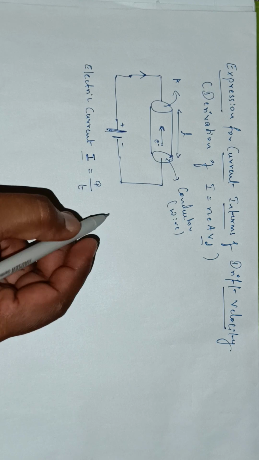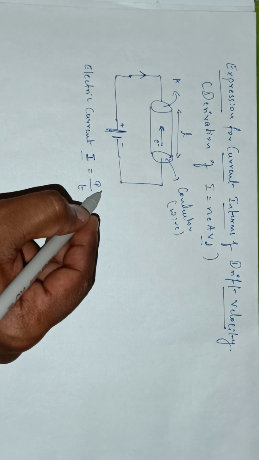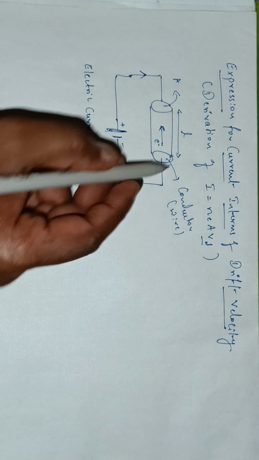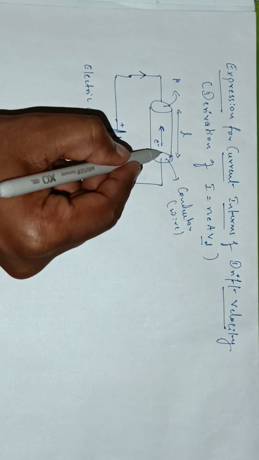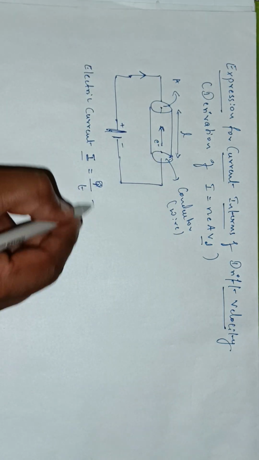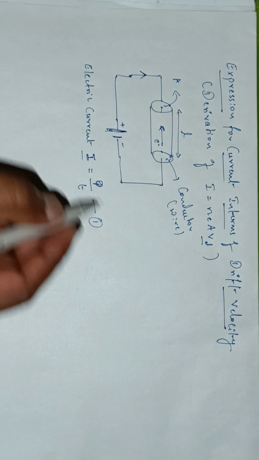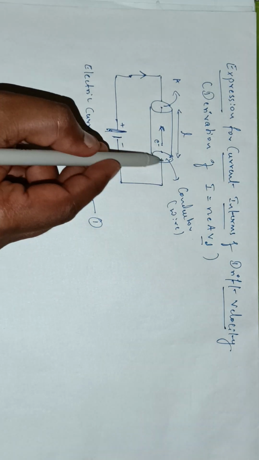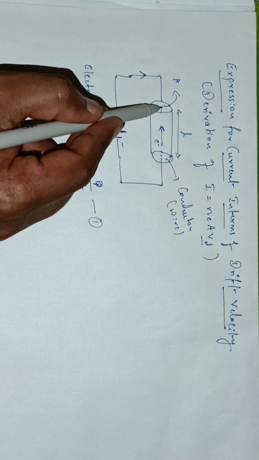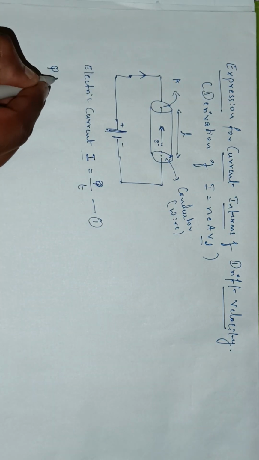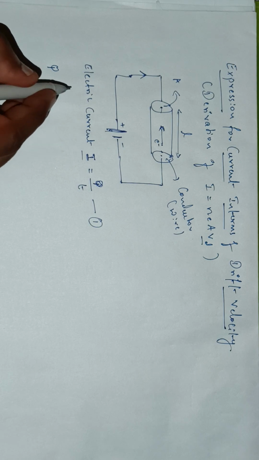For this we need the total amount of charge Q and also the time taken by these charges to move from one end to the other end. First we find Q, and after that we will come to the T part, the time taken for the electron to move from one end of the conductor to the other.